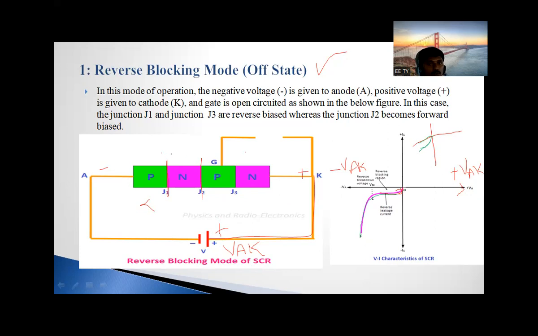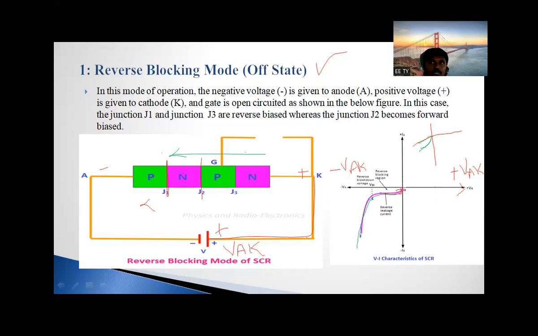Current starts to flow from cathode to anode. So this current will increase. When this breakdown occurs and a reverse current flows from cathode to anode, then what will happen? The thyristor will get damaged.